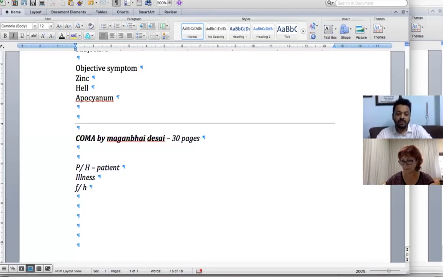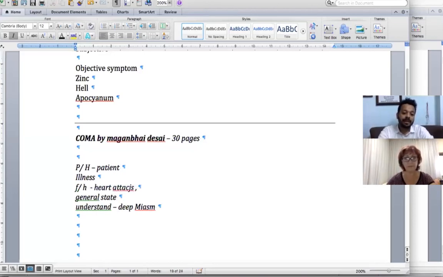You also have to give a lot of importance to the general state of the patient. And here, understand the deep underlying miasm. Very often in these types of cases, Dr. Magan Bhai Desai, there is a past history of, for example, in one patient, a family history of many heart attacks and many cases of paralysis in the family.